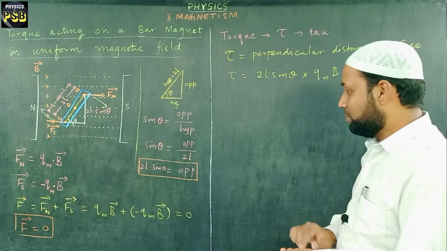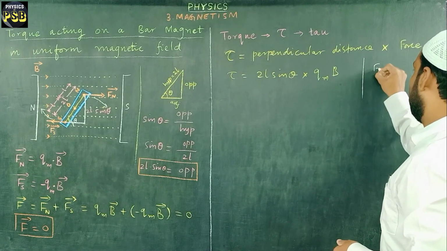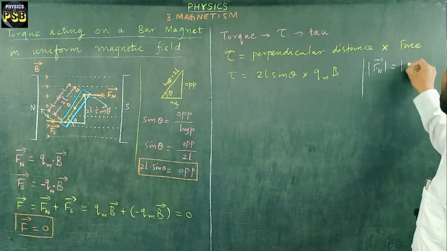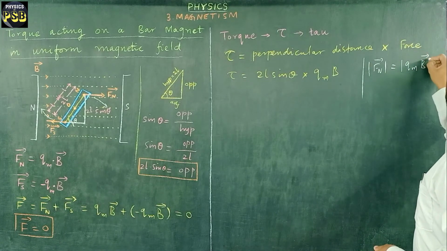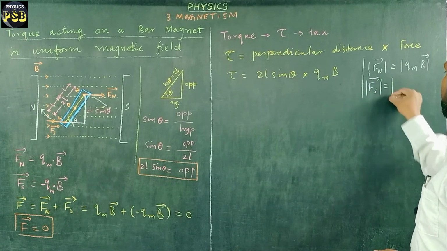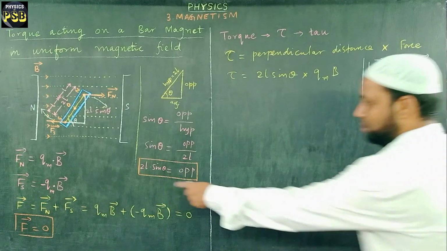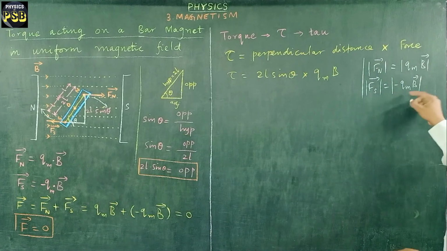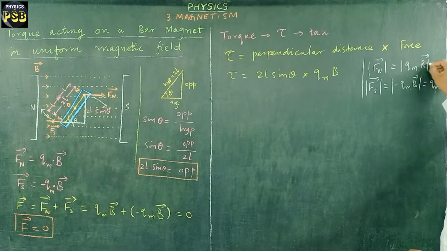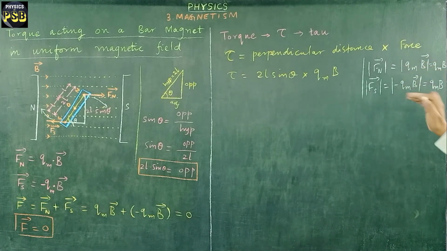Here I have taken the magnitude of the force. If I take the magnitude, the modulus of Fn vector is Qm B, and the modulus of Fs vector is the modulus of minus Qm B vector. So this will be equal to Qm B. Similarly, this one will be equal to Qm B. Both of them have the same magnitude.